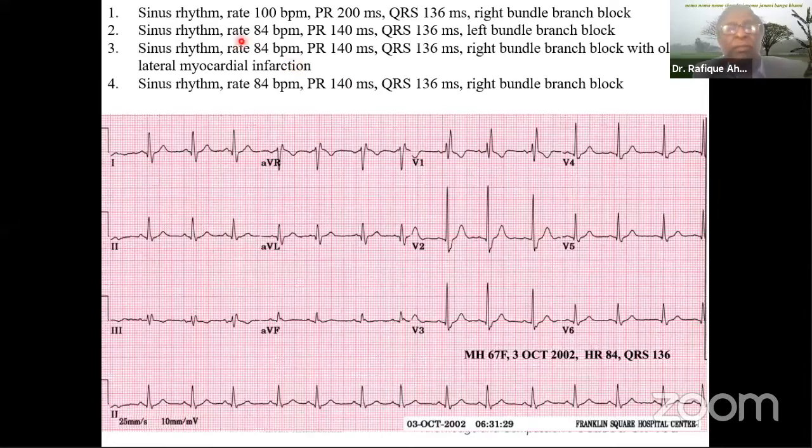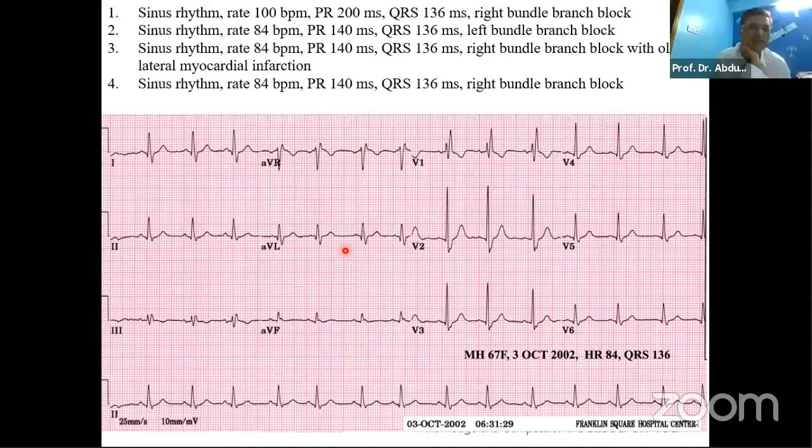And then number 3, I put this lateral myocardial infarction, and there is a reason I put that in, and Wadud will make the comment because he is the master of this. The reason I put it is there is a Q wave in lead 1, AVL and lead V6. But why do you think that's the wrong answer? Sir, is it pathological?